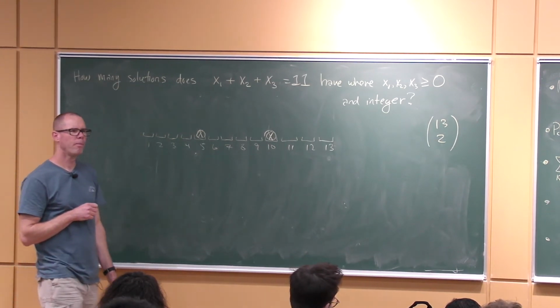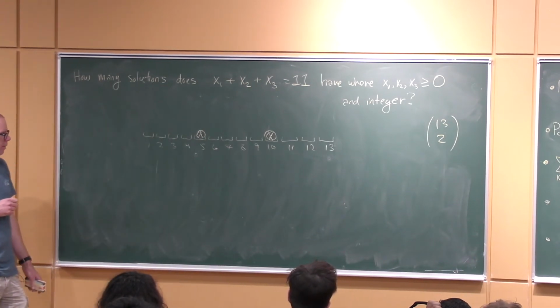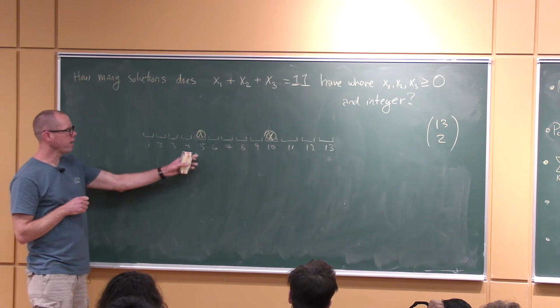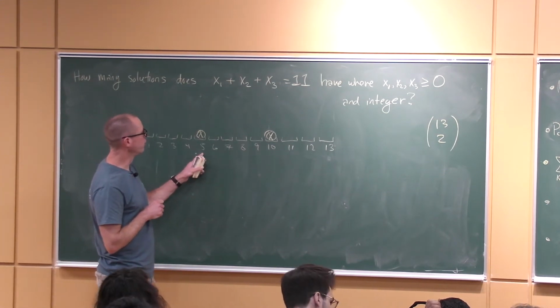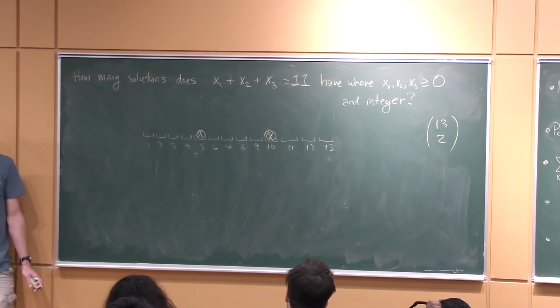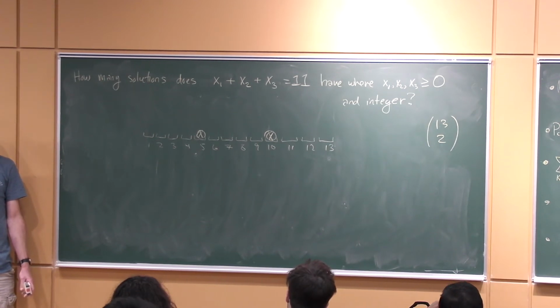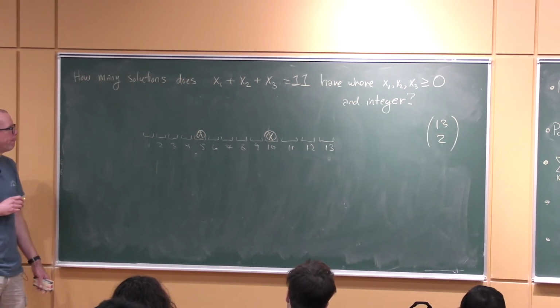What's that? Yeah, so I can't take x1 equal to 5 and x2 equal to 10. You see another way to maybe interpret this as a solution? Yep. Yeah.